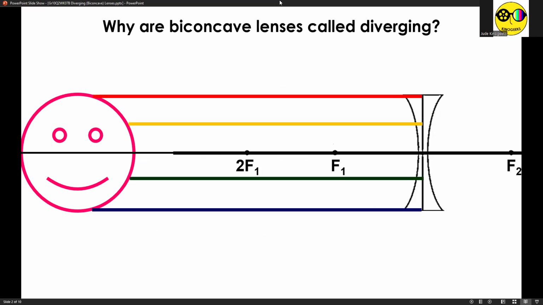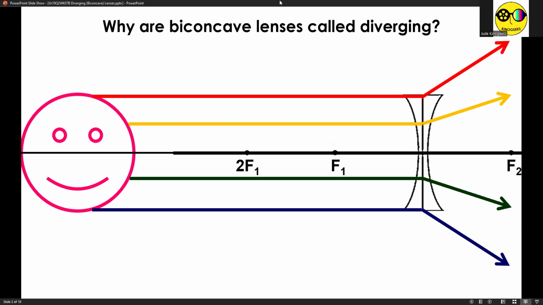And I always use four different colors of solid lines to represent actual light rays. So once they strike the center of the lens, they start to bend, or refract, or diverge from one another, which is opposite of what happens when light strikes a biconvex lens or converging lens.